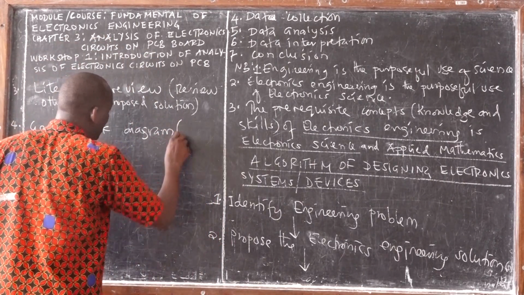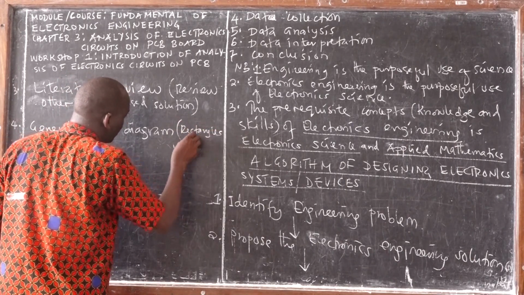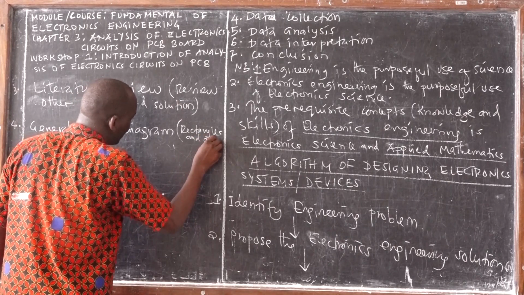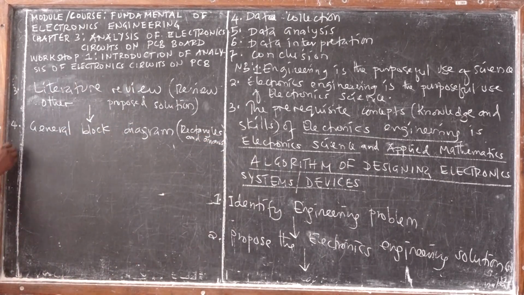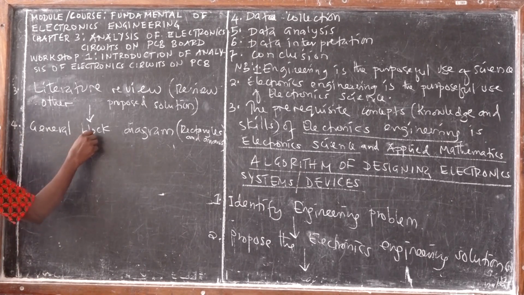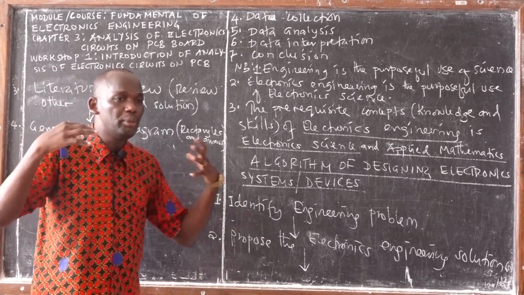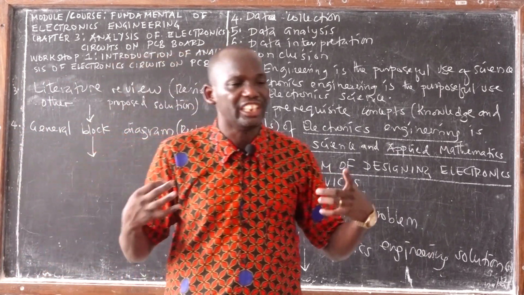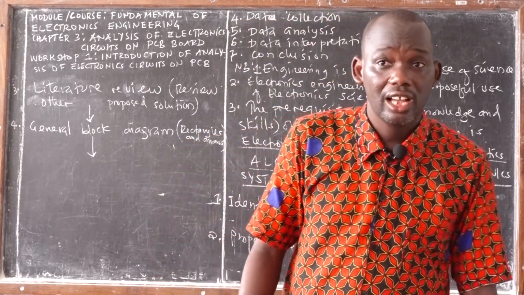In general block diagrams, in most cases, you are going to use rectangles and arrows. That is the first step. The general block diagram represents the big picture of your proposed solution in terms of a diagram. Are we together?